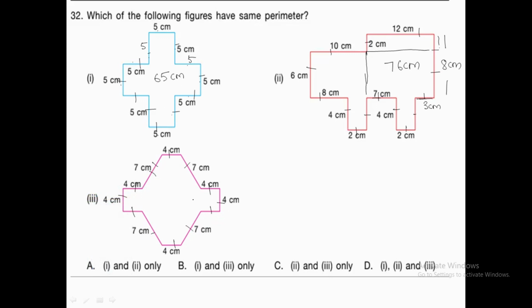Let's add them again and see what we get. 4 plus 7 is 11, 11 plus 4 is 15, 19, 23, 23 plus 7 is 30, 30 plus 4 is 34, 34 plus 7 is 41, 41 plus 4 is 45, 49, 53, 53 plus 7 is, so here we are getting 65 centimeters.